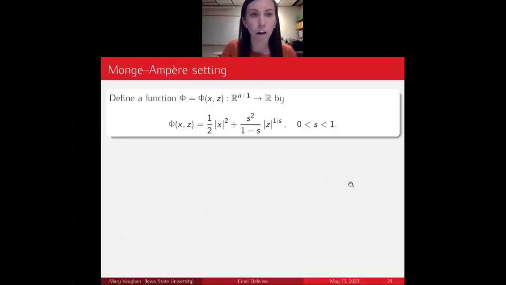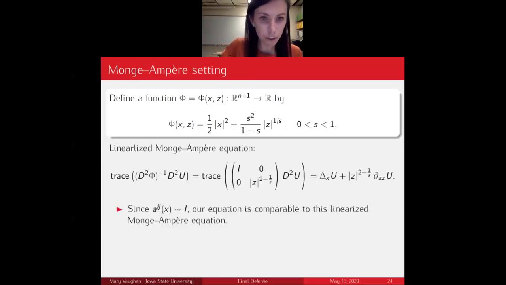And for our setting, for our equation, we define a function capital Phi from R^(n+1) to R for our extension equation in x and z by |x|^2 in x plus z to the 1 over s in z. Then if you take s equals 1/2, this is z squared. And if you look at the linearized Monge-Ampere equation for this function phi, the Hessian of phi is given by this, what we see on the left-hand side.